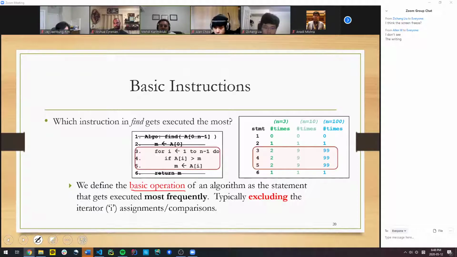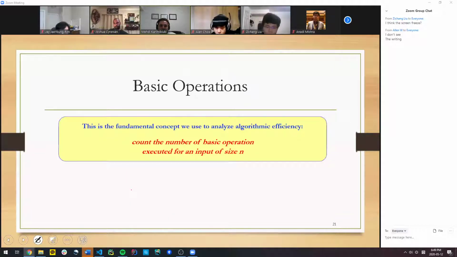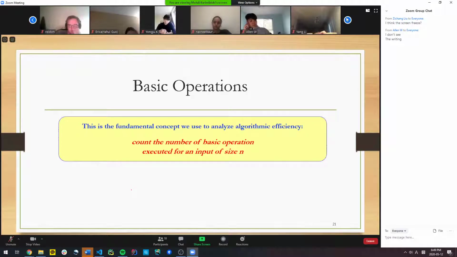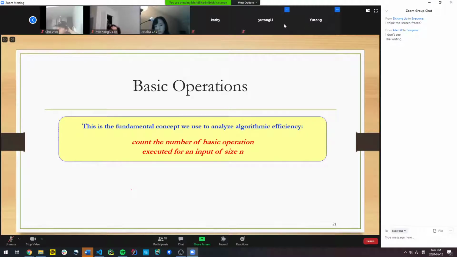That's the definition of basic operation, and we're going to go through some examples to review it. We have to count the number of basic operations executed for an input of size n, and that will determine how long it takes for our algorithm to run.